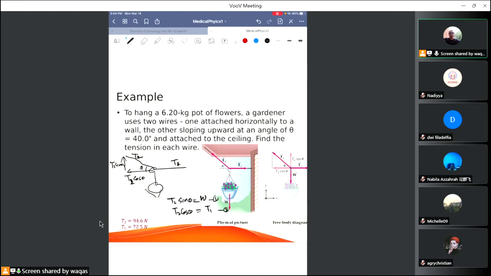This is your equation number 2. So in the first equation you can find T2. You know that W equals 6.2, and we have an angle theta. So we can find T2. After finding T2 we can use T2 here and we can find T1. Understand?